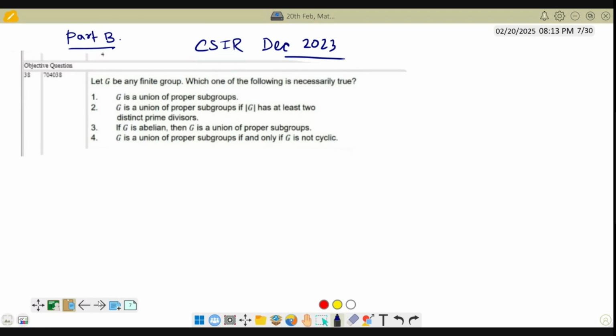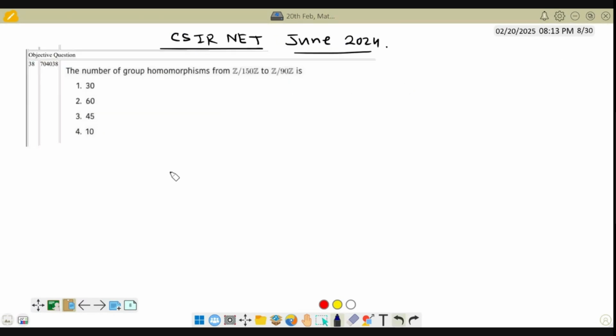Okay, so there was another question. This was asked in June 2024. This is a cyclic group of order 150 and this is a cyclic group of order 90. You have to count how many group homomorphisms there are from Z mod 150Z to Z mod 90Z.